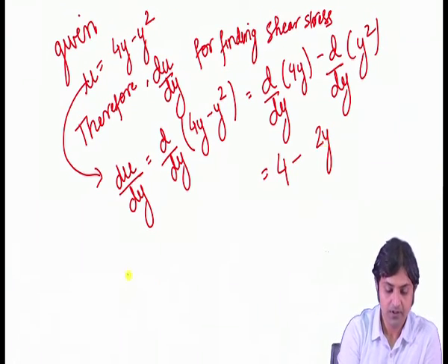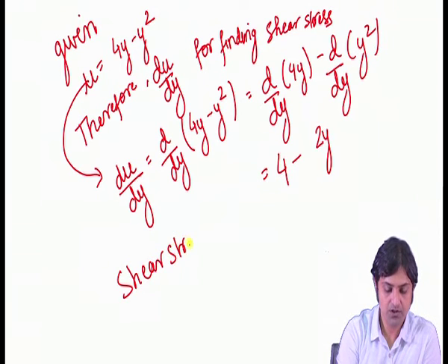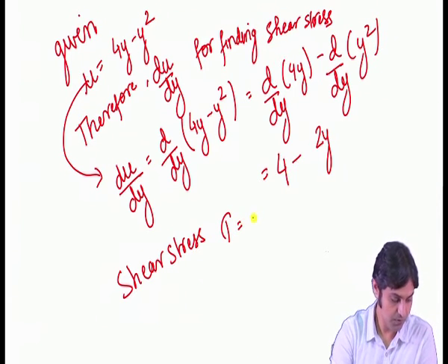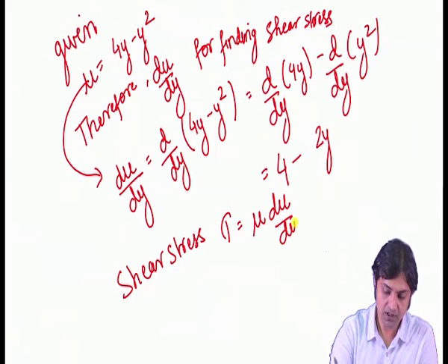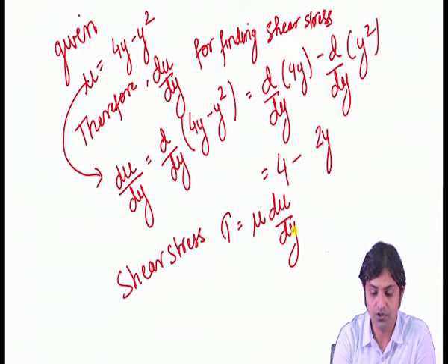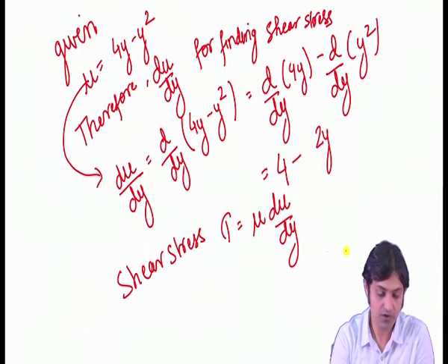Okay. Then we also know that shear stress tau is equal to mu du by dy. We have already found out du by dy, and we already know what mu is, right?